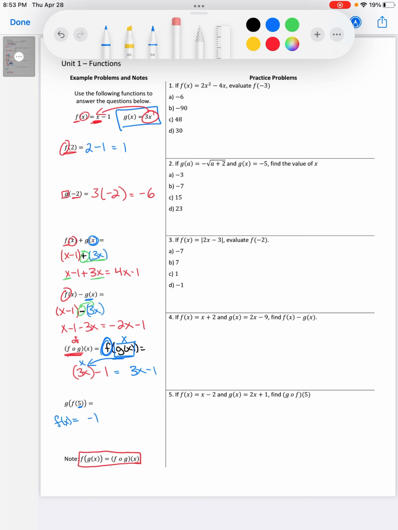We're going to replace that x with 5, and we get 4. Then we take our g of x equation, which is 3x, and instead of x, we're going to be putting 4 there. So 3 times 4 is 12, right? We're putting things inside of each other. So we put 5 inside of f, got our answer, and then put it inside of g.